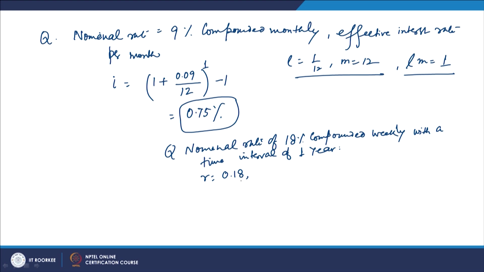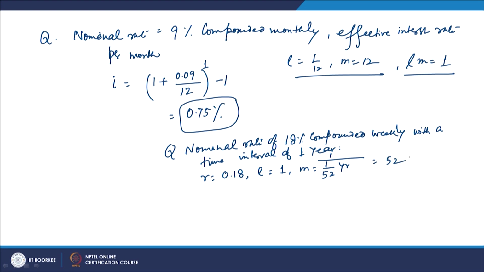L is given as 1 year, so it will be 1. Then M, the compounding period is weekly. Weekly means 1 week, so 1 by 52 year, because if you assume that there are 52 weeks, M is the reciprocal of this, so it will be 52.